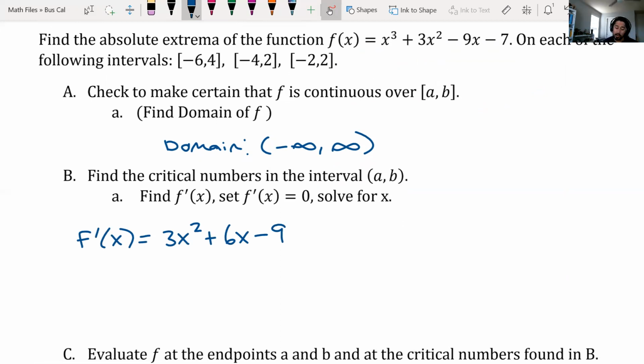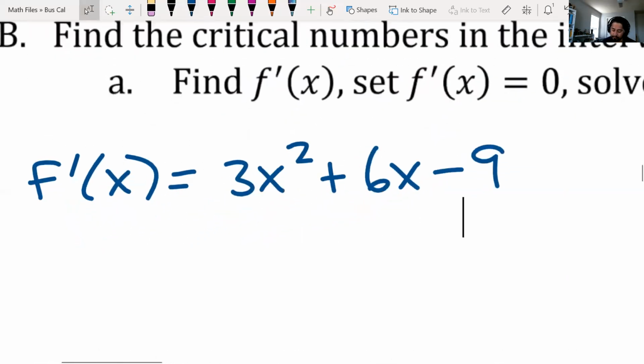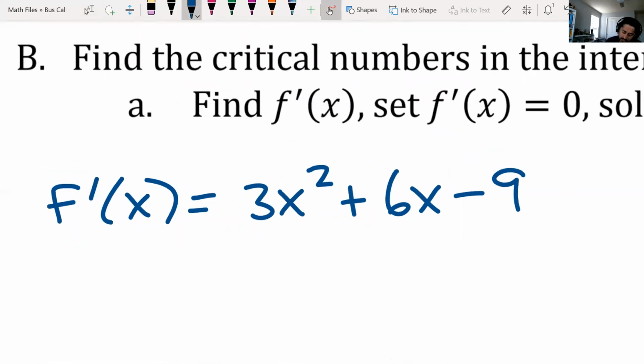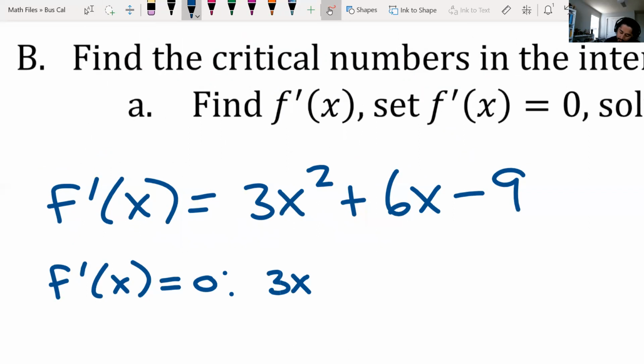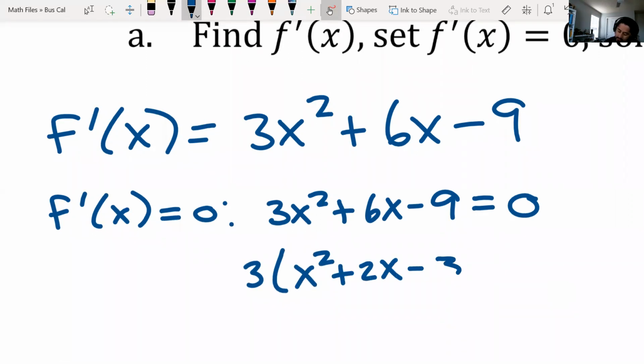Okay. Now, after you take the derivative, you set it equal to 0. So let's go ahead and do that. F prime of x equals 0. 3x squared plus 6x minus 9 equals 0. Here I can factor out a 3, and I'll get x squared plus 2x minus 3 equal to 0.